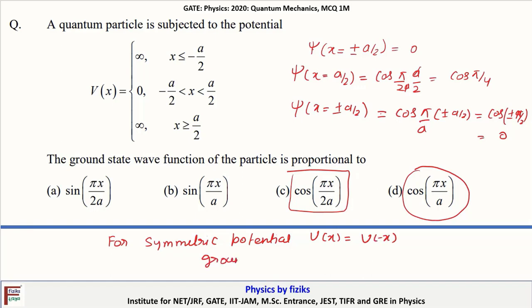The ground state wave function is always even. That means I can select only the cos term, not the sin one.